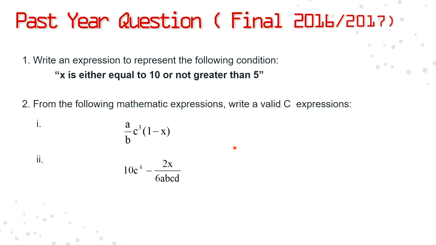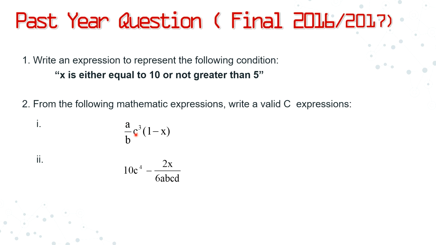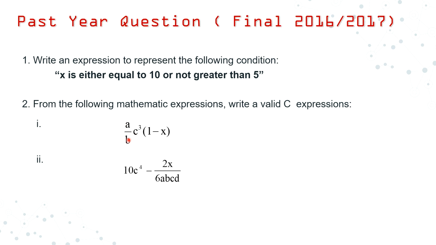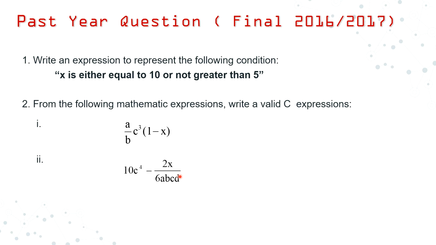The first equation multiplies a fraction, a divided by b, and variables together, and the second involves large fractions with variables in the denominator.